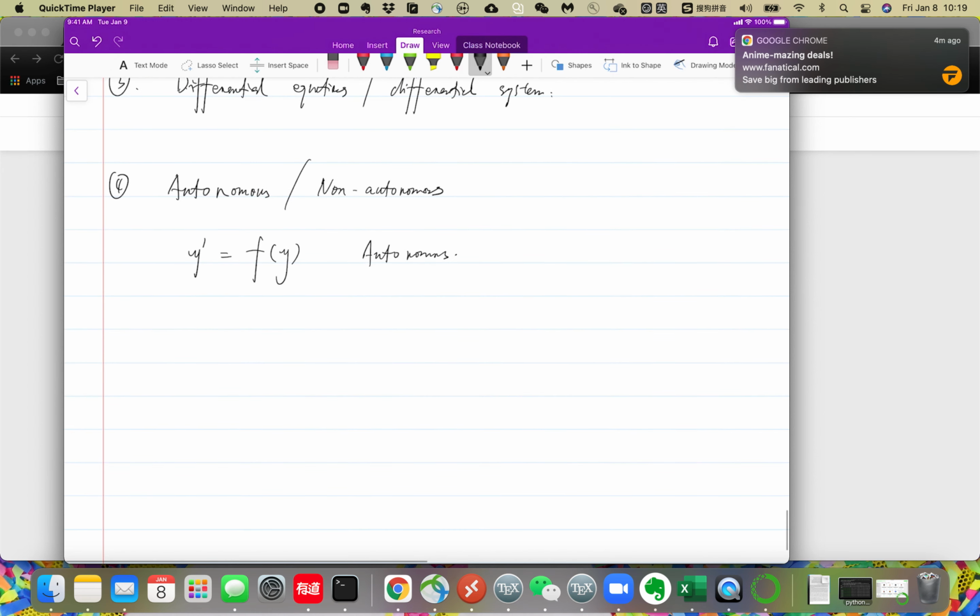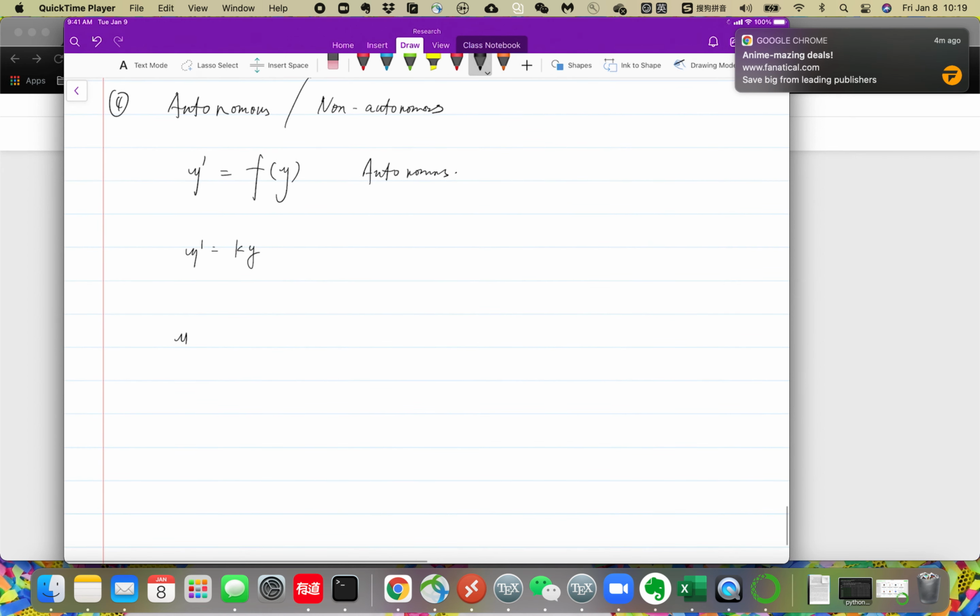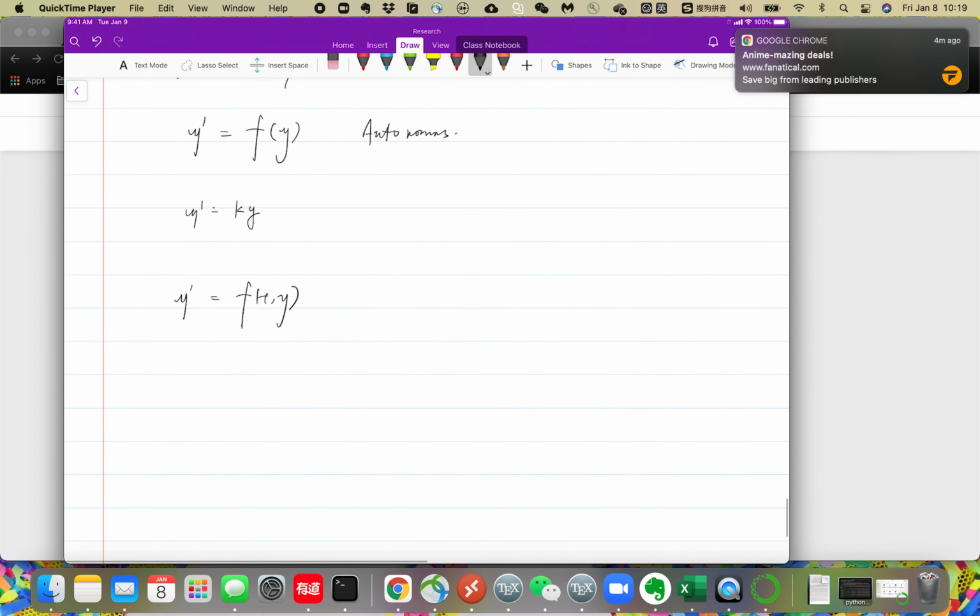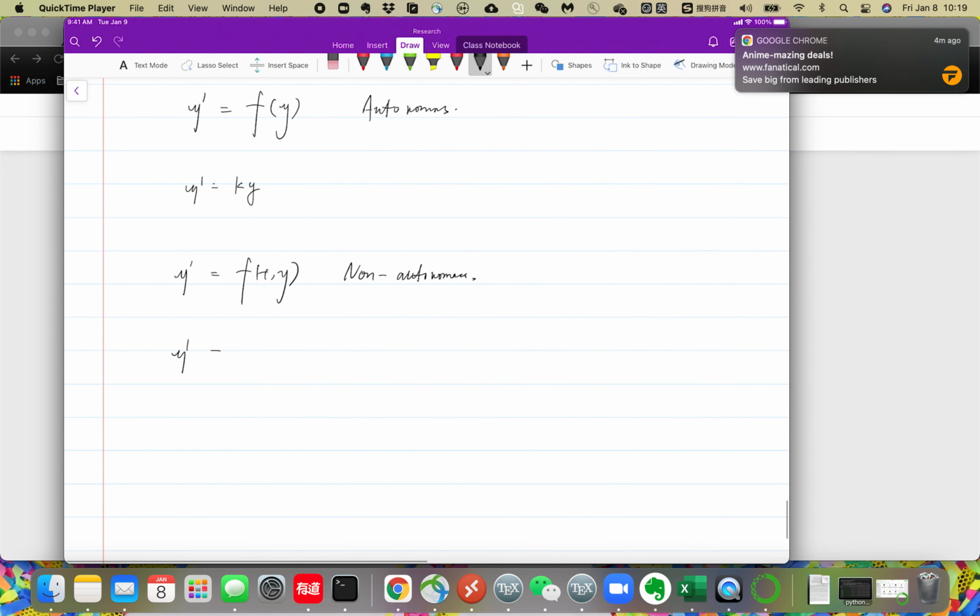For example, this is autonomous. Now, a general differential equation is going to be non-autonomous. And check the difference. The difference is your derivative not only depends on yourself, but also depends on the current time t. Or maybe t squared, whatever. Let's just call it g(t). It's an example. Let's just call it t squared.